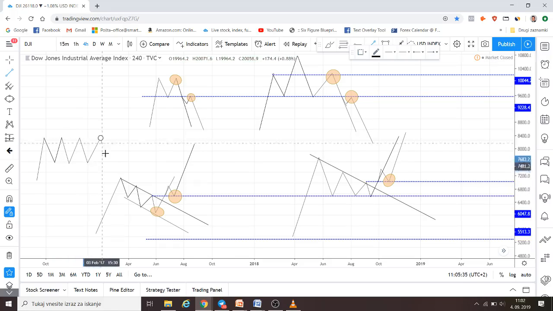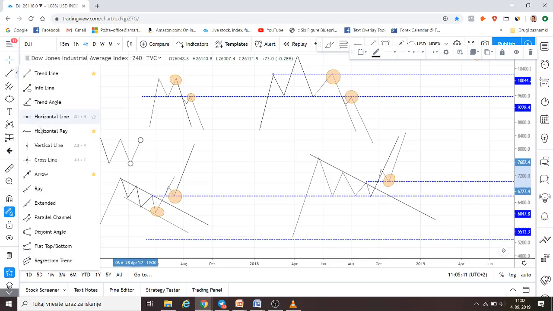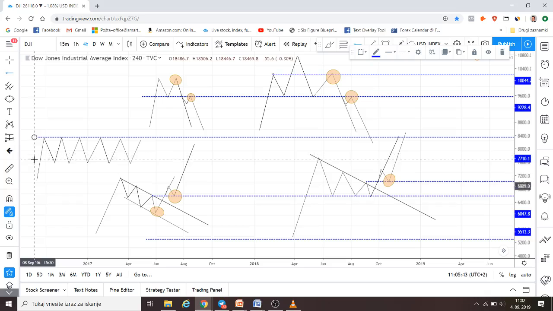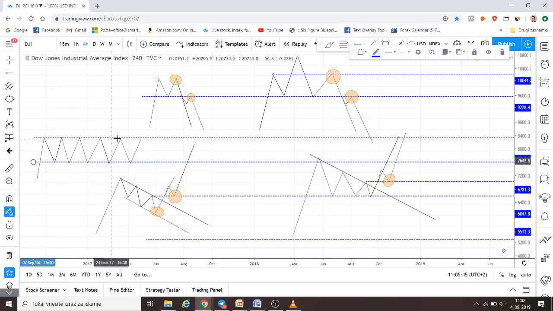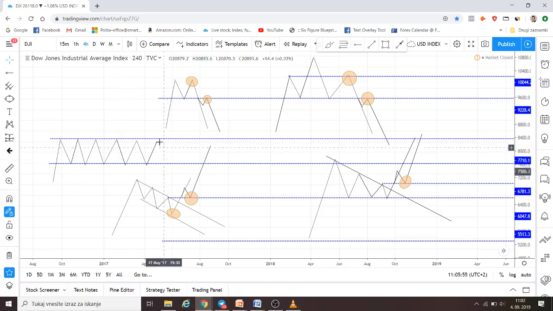Okay, and another one would be something like that. Let's say we are in consolidation, as we say. Okay, we are in consolidation. This is the resistance, this is the support. What are we looking for? What are we waiting for in this case?